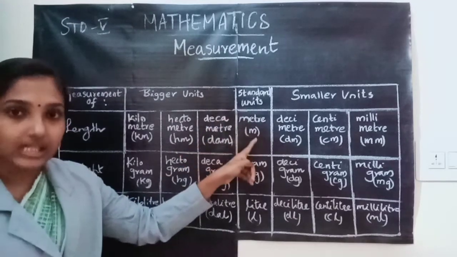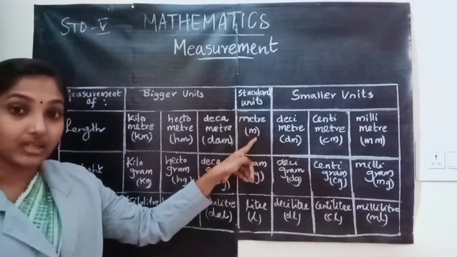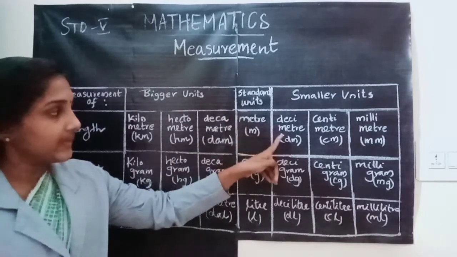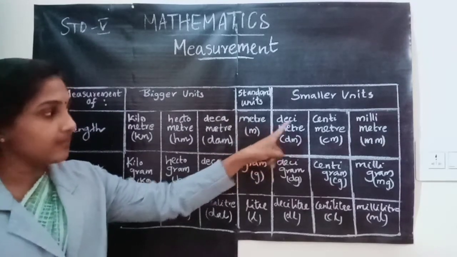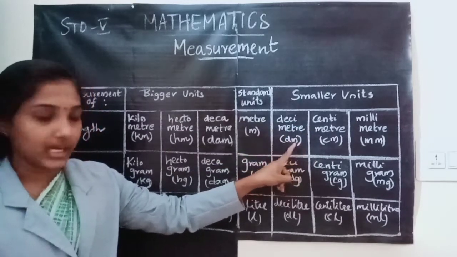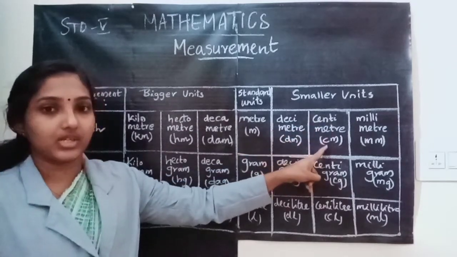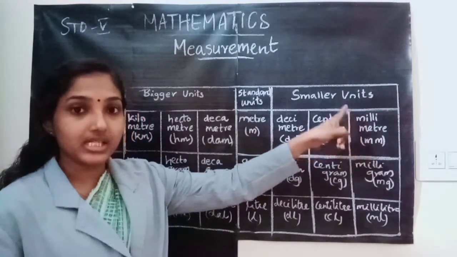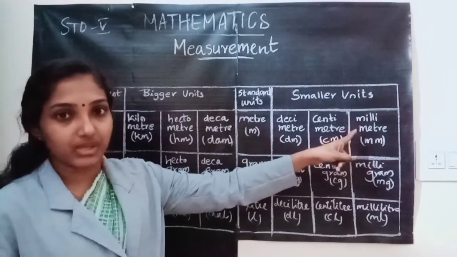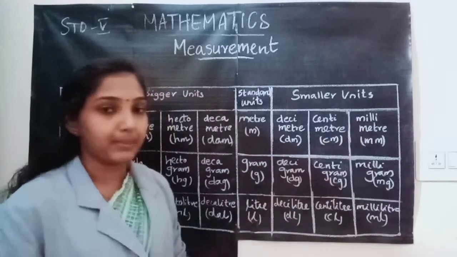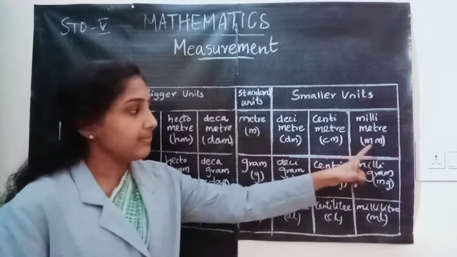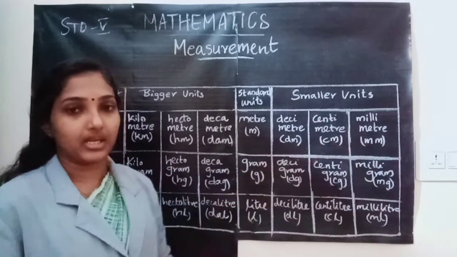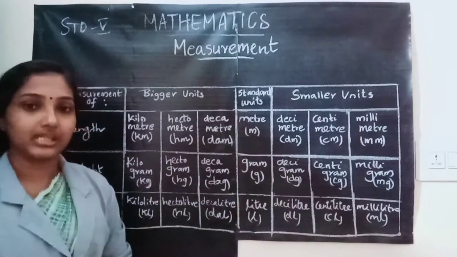Then it's our meter, the standard unit of measuring length. Then it's decimeter, represented as DM. Centimeter, in short it is represented as CM. And at last, the smallest unit of measuring length is millimeter. Small letters M and M are used to represent millimeter.